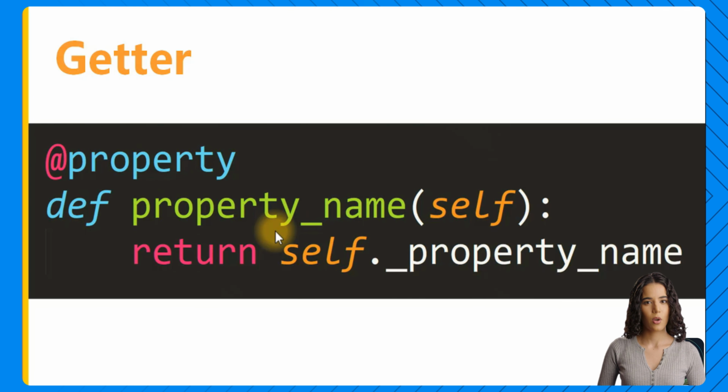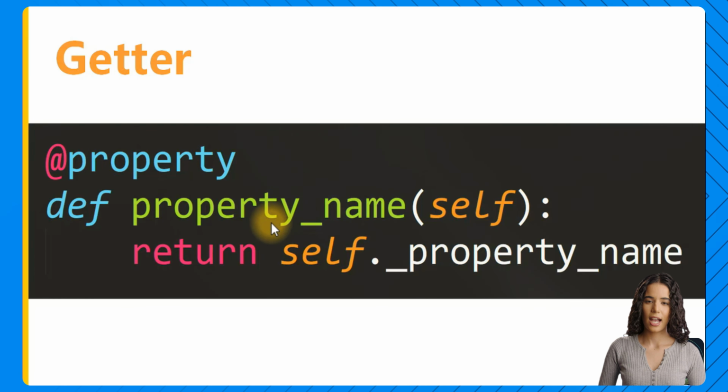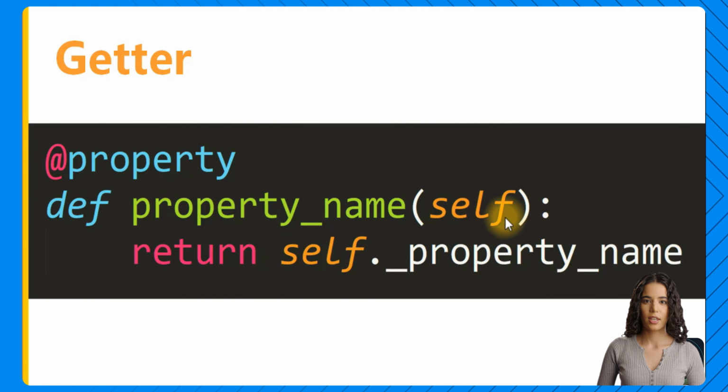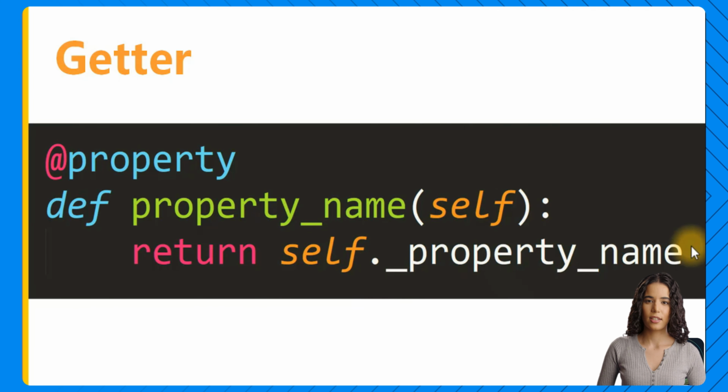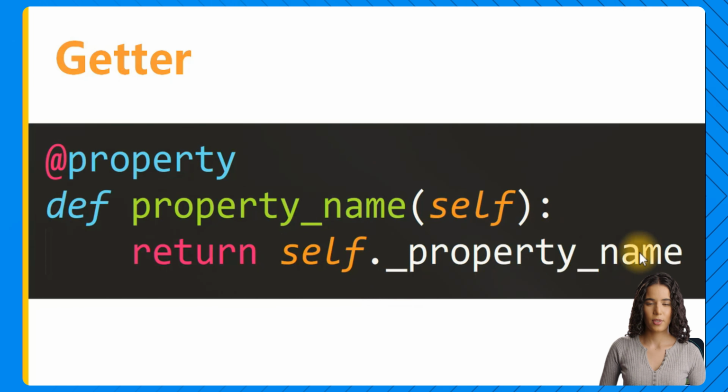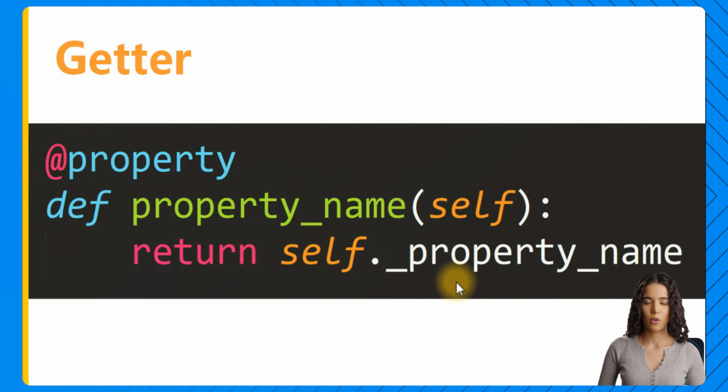If we have, for example, an age property, this would be age. If we have price, this would be price, and so on. Then we have self as the only parameter, because this is a getter. And in the body of the method, we have a return statement that returns the actual attribute. Usually that attribute will have the same name as the property that we write right here, just with a leading underscore, because it is non-public.